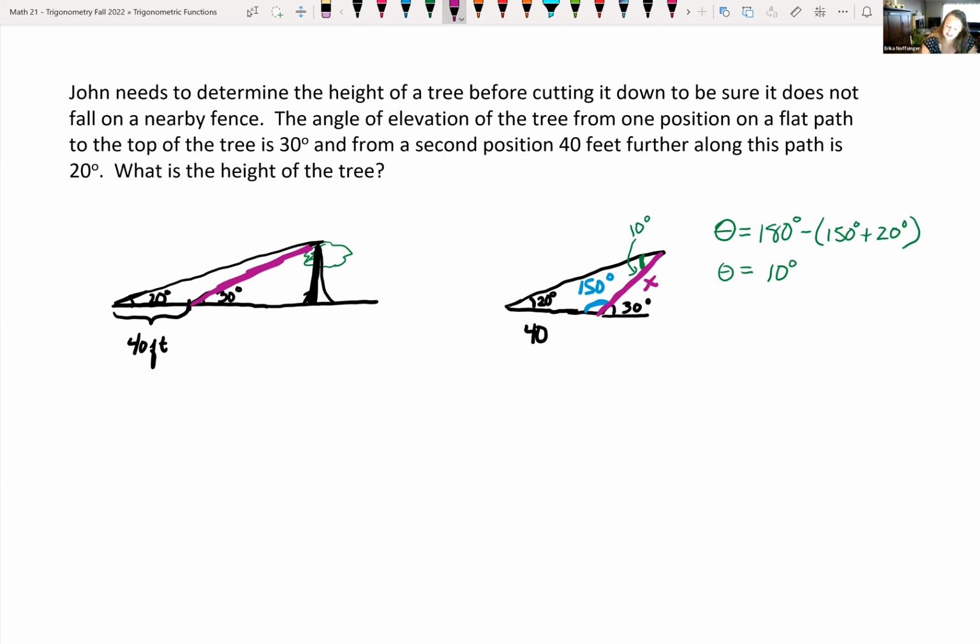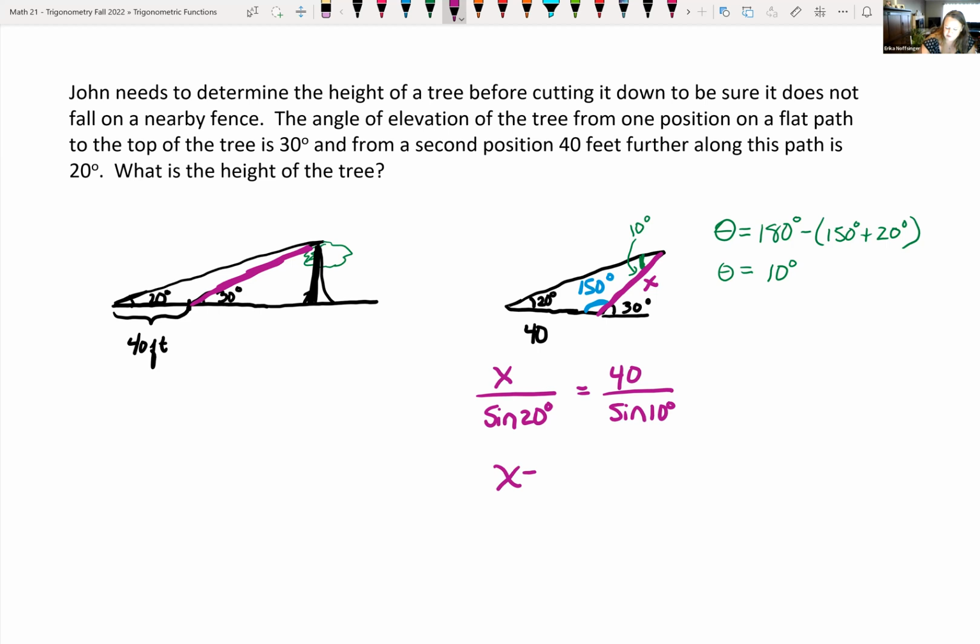So I know that x over the angle across from it, sine of 20 degrees, is equal to 40 over sine of 10 degrees.